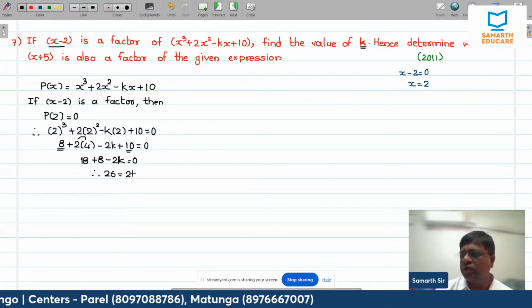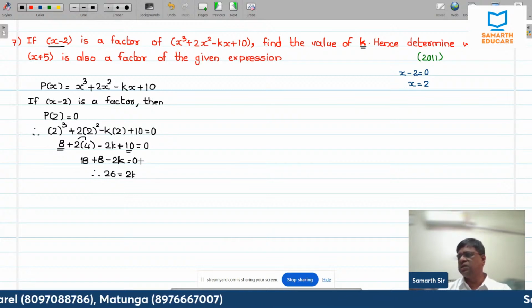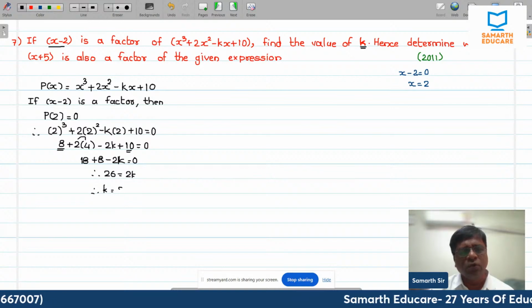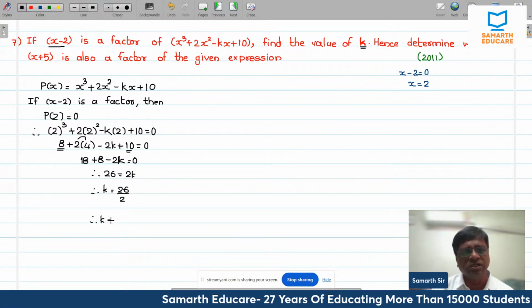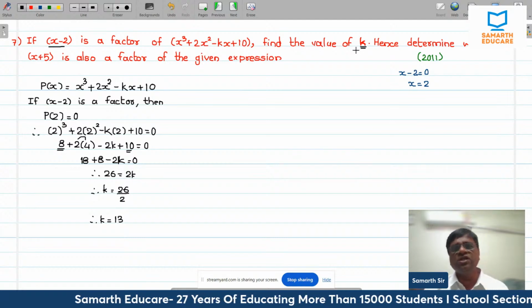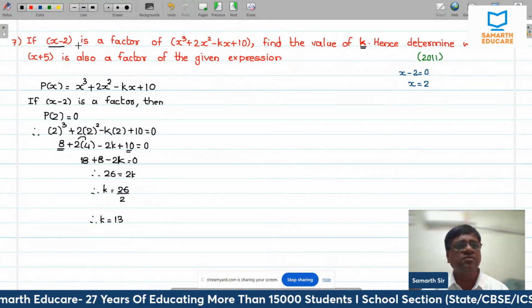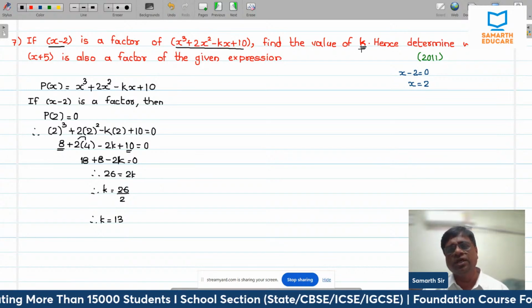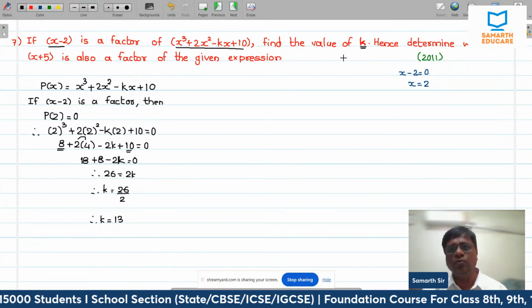I take this 2k on the right hand side, it becomes plus, and the value of k is 26 upon 2. That means the value of k is 13. Right? So I finished this first problem. I repeat, if x minus 2 is a factor of this polynomial, find the value of k. So we got the value of k now.